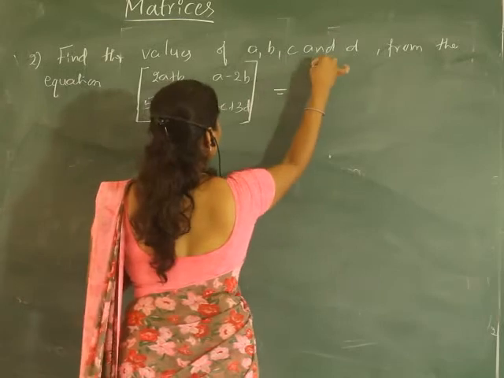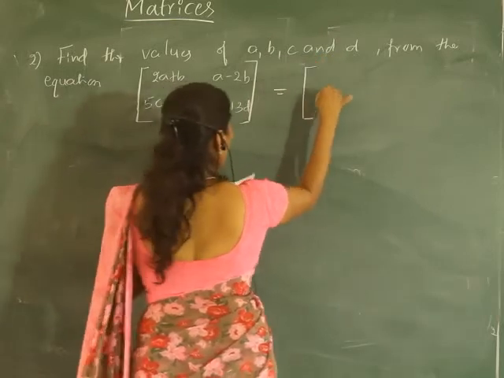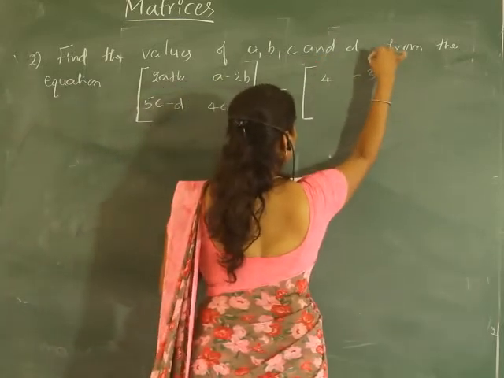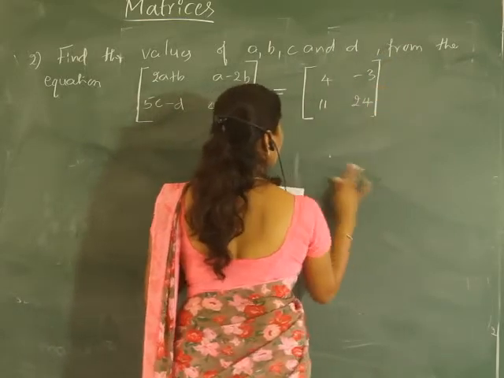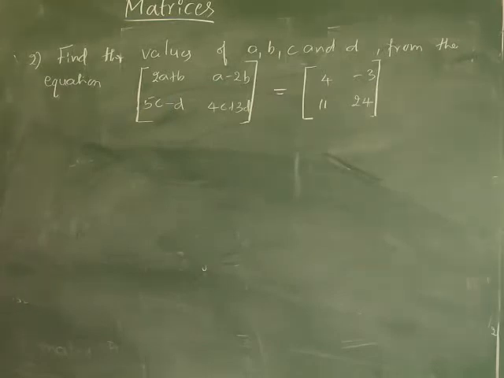This is equal to 4, minus 3, 11, 24. So now it is also given two matrices are equal. So we have to find out what is the value of A, B, C and D.